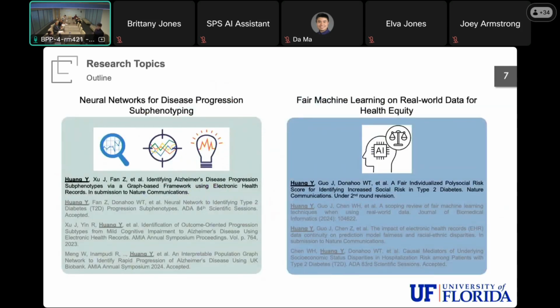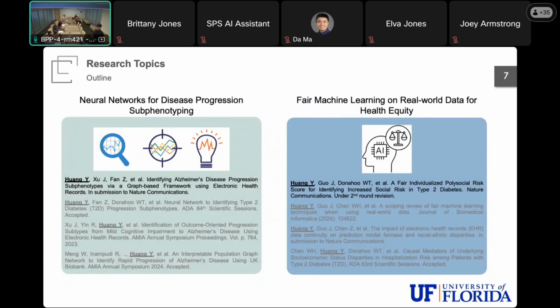Now, let me show you two individual studies. The first one investigates the neural networks for disease subtyping, which means that we use AI models to categorize patients into different groups according to their disease progression patterns.